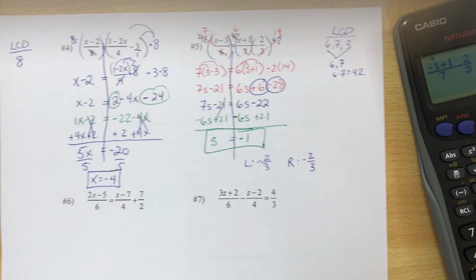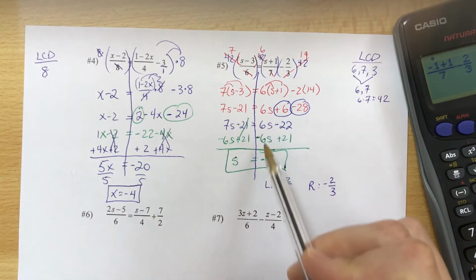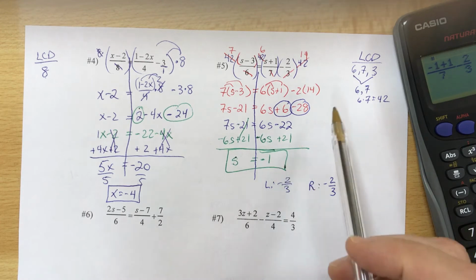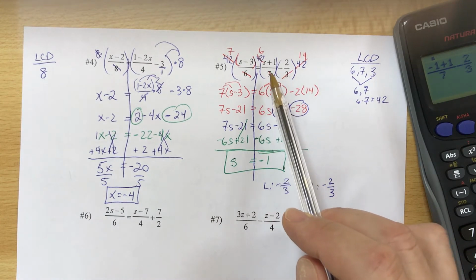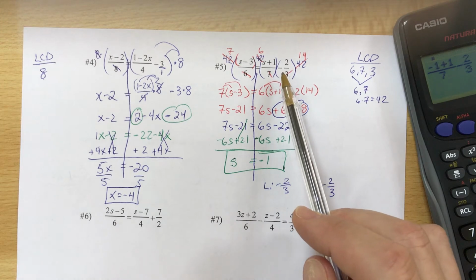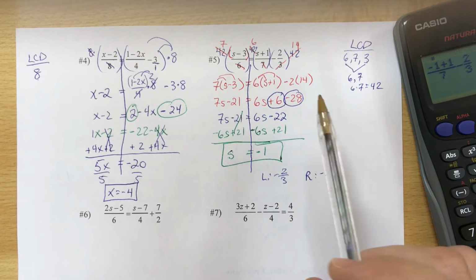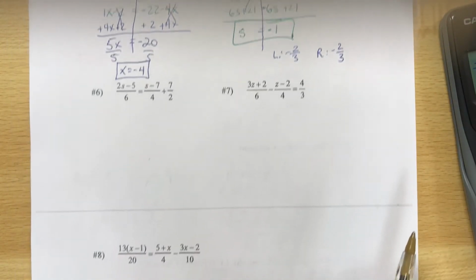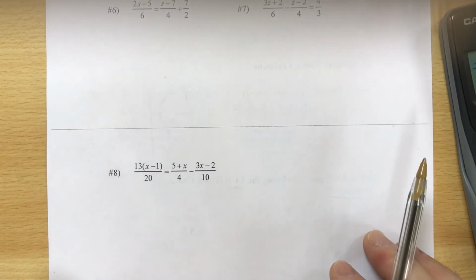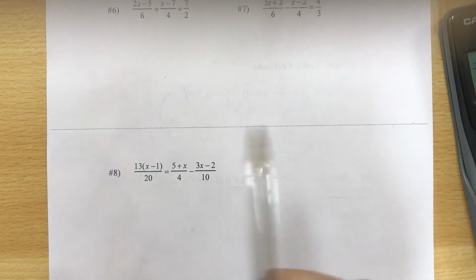Okay, so you can see these problems require a lot of work, but what's our goal? At the beginning, the goal is to eliminate the fractions by multiplying by the least common denominator. Let's take one more. Let's skip down to the last one, number 8. That looks complicated.